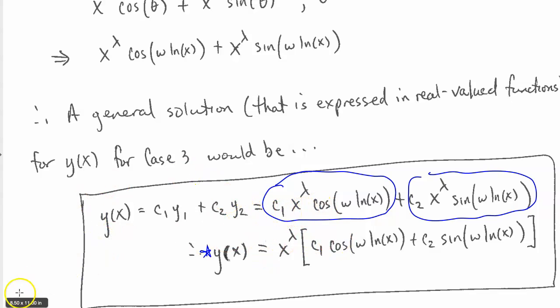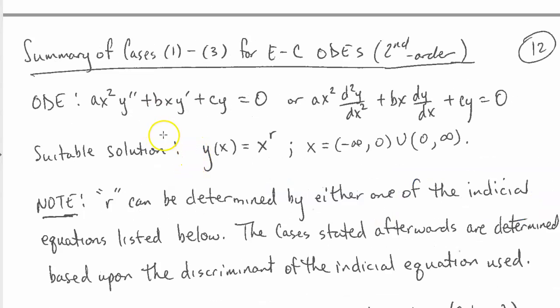All right. So now we're going to go through a summary of everything and then do some examples. The summary here: we have this second order Euler-Cauchy equation. Remember that Euler-Cauchy equations are equidimensional equations because for each term, the order of the coefficients and the order of the derivatives are the same.